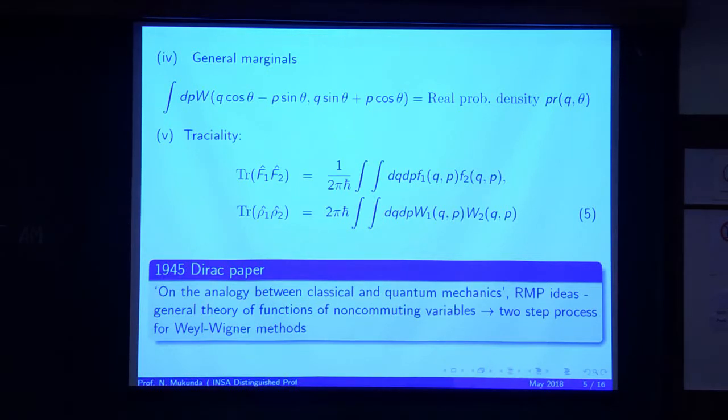Now, during the 1940s, there were quite a few letters exchanged between Dirac and Moyal. Moyal at that time was in the United Kingdom. However, Dirac was not encouraging at all. It took some time for the ideas to mature and to be understood properly.